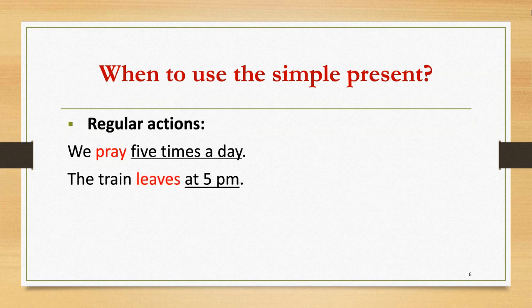Another example, the train leaves at 5 p.m. every day or every week. It doesn't matter. It is a future fact set by a timetable. At exactly 5 p.m., the train leaves the station.